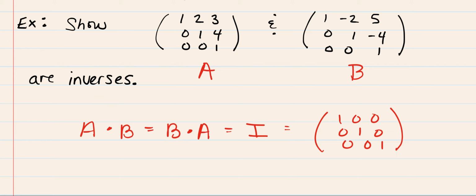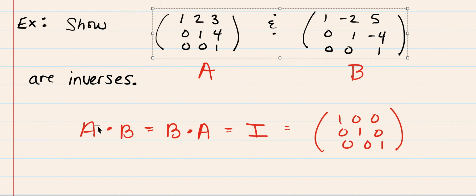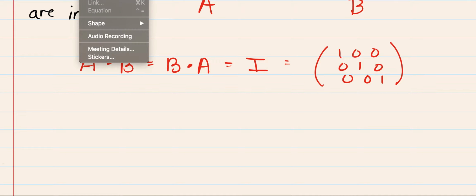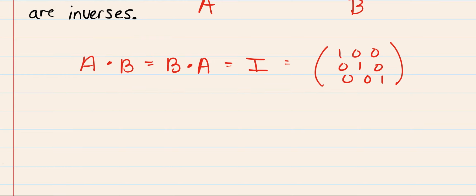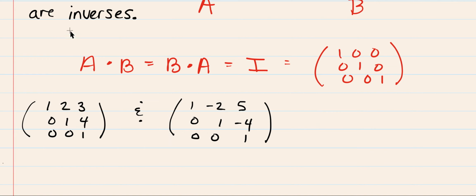Let's show it. Okay, I'm just going to copy these. I'm going to put them down here. There we go. So let's multiply them. So I'm going to do A times B first.